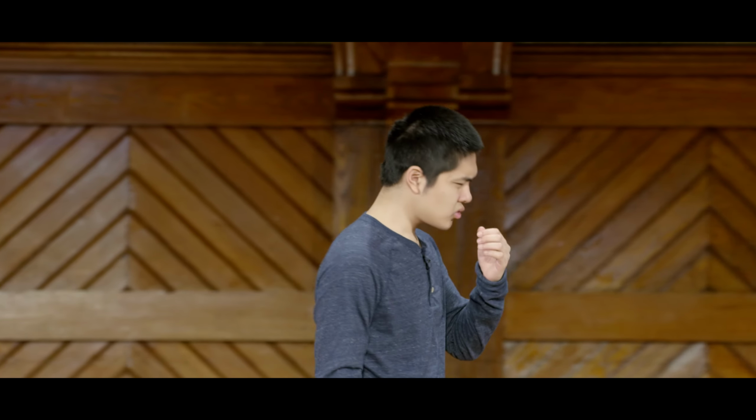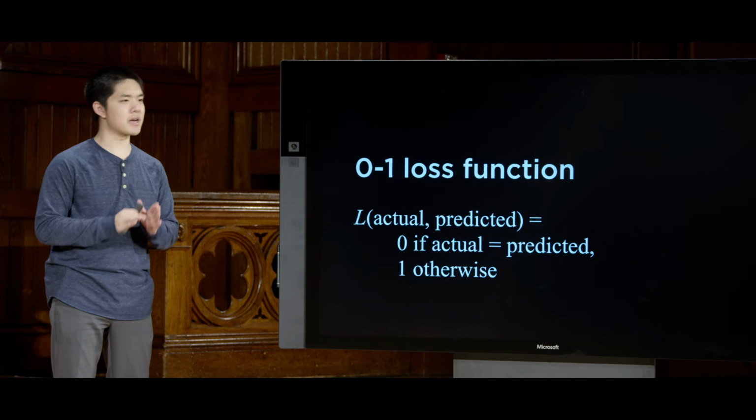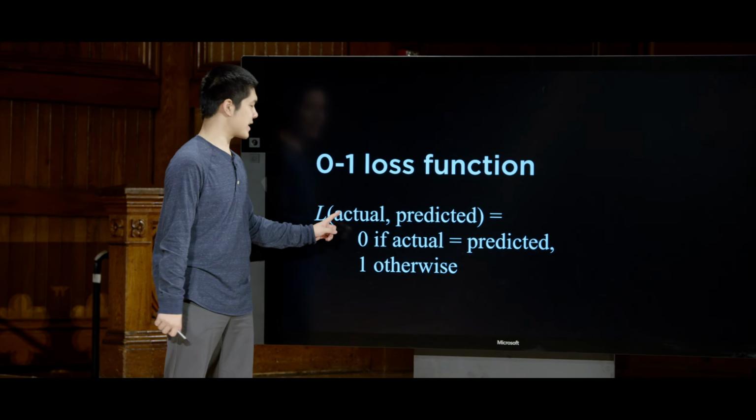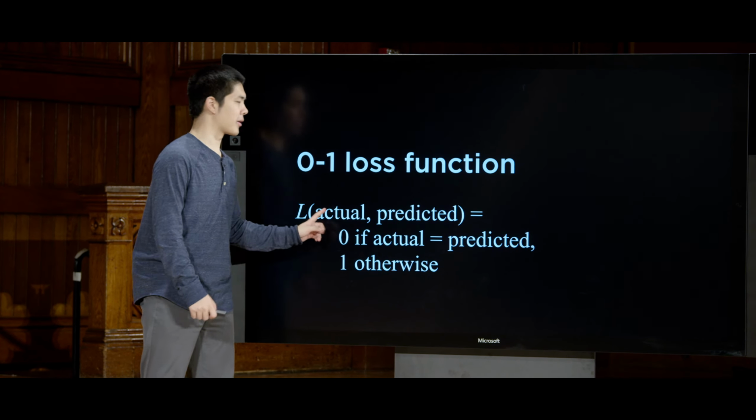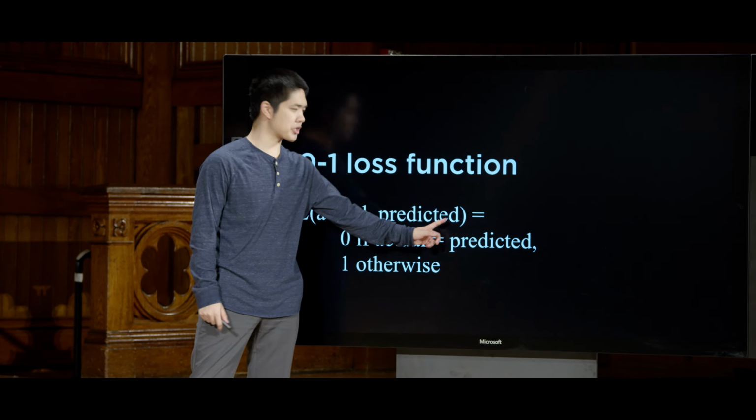But there are a couple of popular loss functions that are worth discussing, just so that you've seen them before. When it comes to discrete categories, things like rain or not rain, counterfeit or not counterfeit, one approach is the 0-1 loss function. And the way that works is for each of the data points, our loss function takes as input what the actual output is, like whether it was actually raining or not raining, and takes our prediction into account.